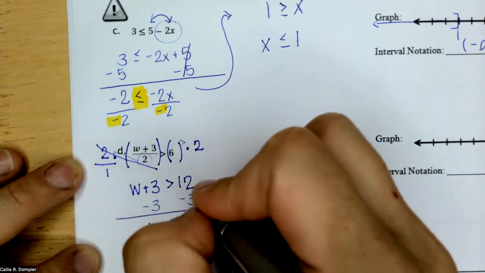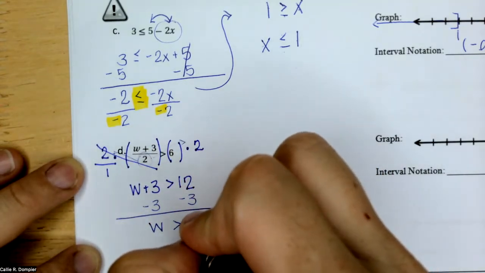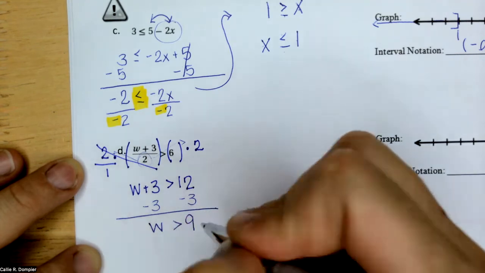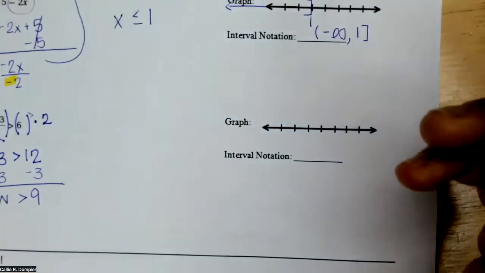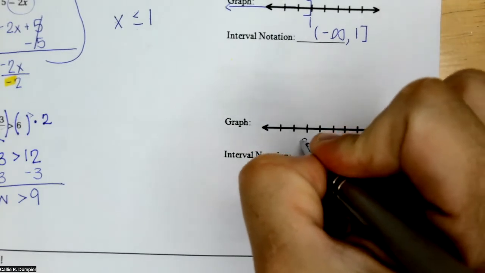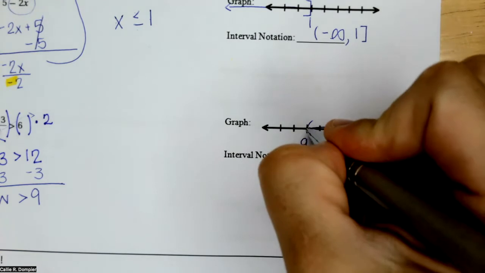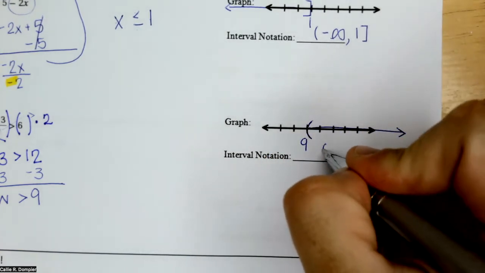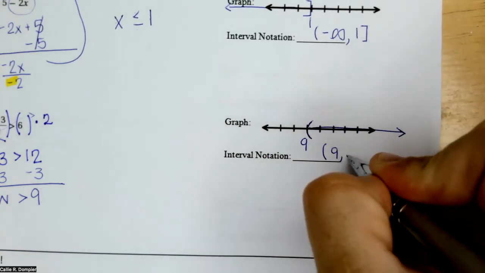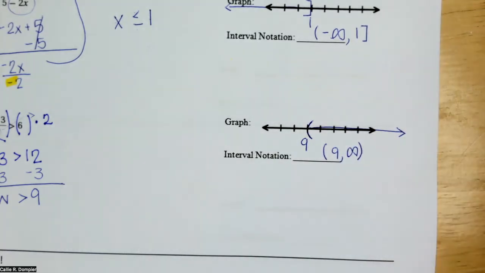W is greater than 9, sorry. So here's 9, greater than 9 means we're going to the right, and it does not include 9. So our interval notation is parentheses 9, comma, infinity, close the parentheses.